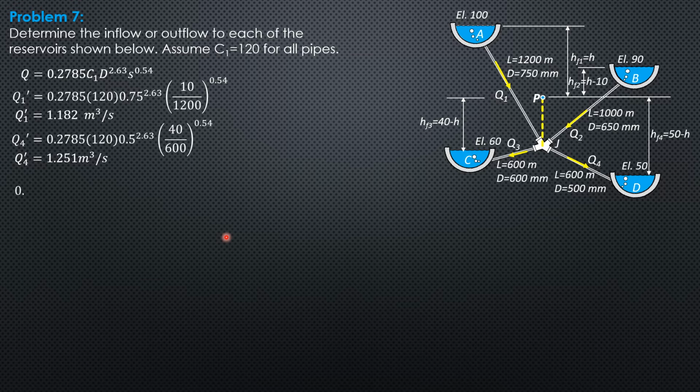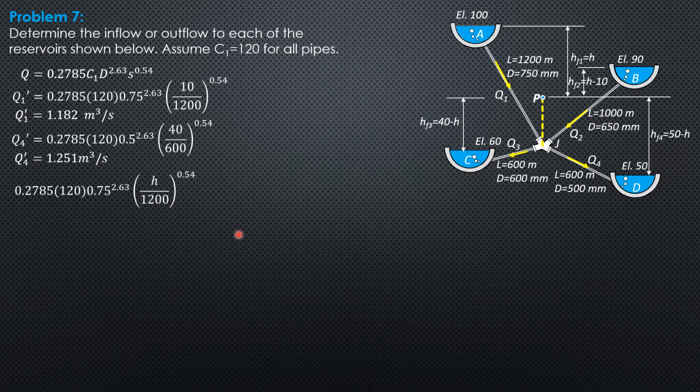Then the equation: Q1, 0.2785, C sub 1, 120, diameter 0.75 to the 2.63, slope H over 1200 to the 0.54. We will not cancel 0.2785 and 120, so that the whole of this represents Q1.